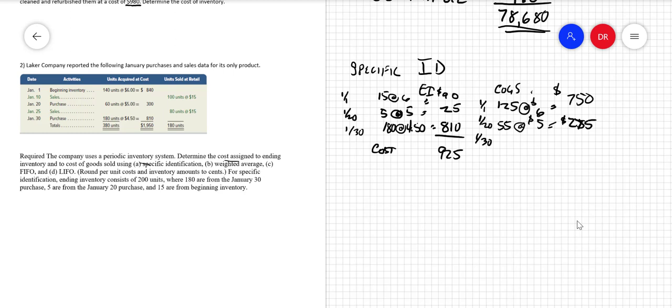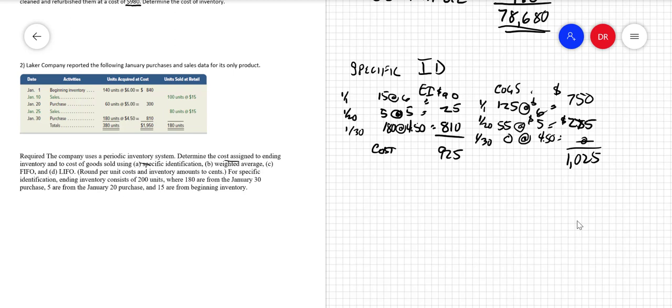We had all of them left in ending inventory, so that means we had 0 in cost of goods sold at $450. So that's $0 here. That means the cost of goods sold, when we add these up, is $1,025. So, as you can see, if you add these two together, you come back to the units acquired at cost. But this is the specific identification.